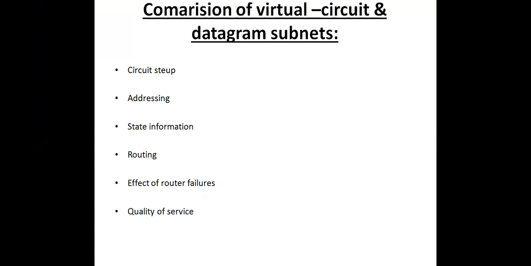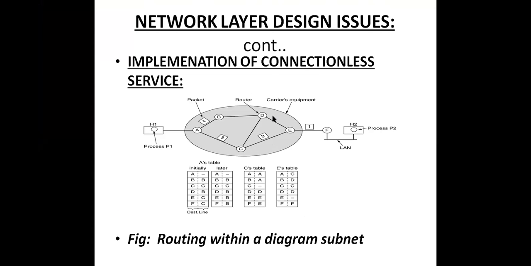If it is a connectionless service, observe here: 3, 2, 1 are going in this direction to reach the destination, whereas the fourth packet is moving in another direction. That means all the 4 packets are not transferred to the destination in the same direction. Each and every individual packet can go on its own way.